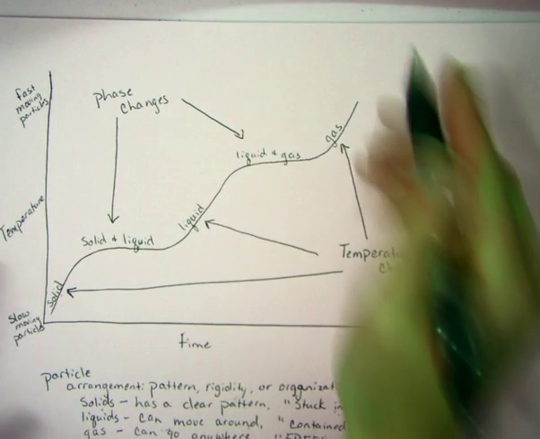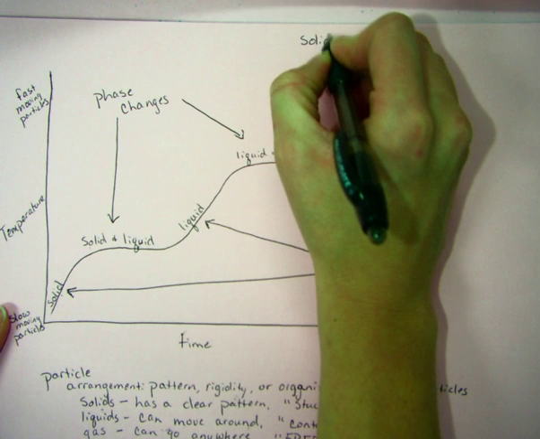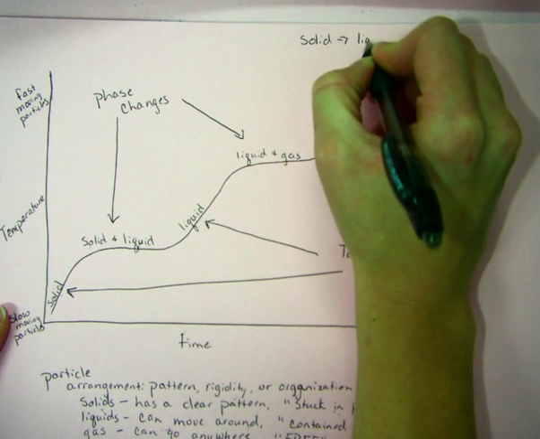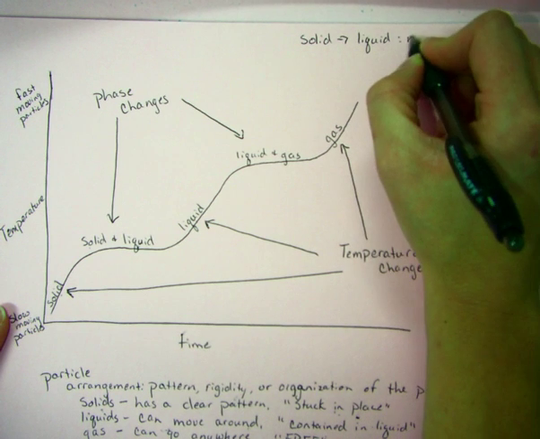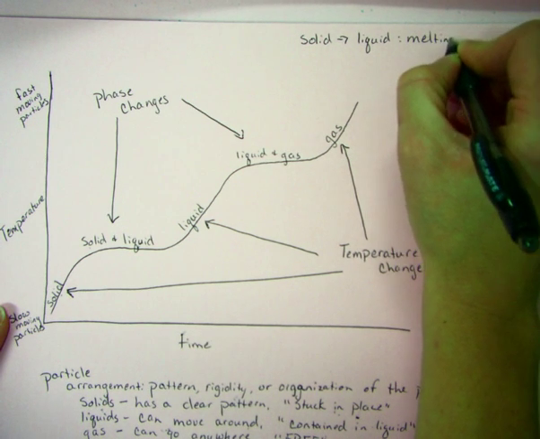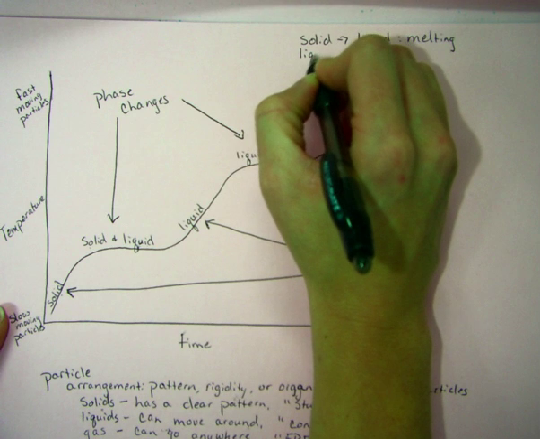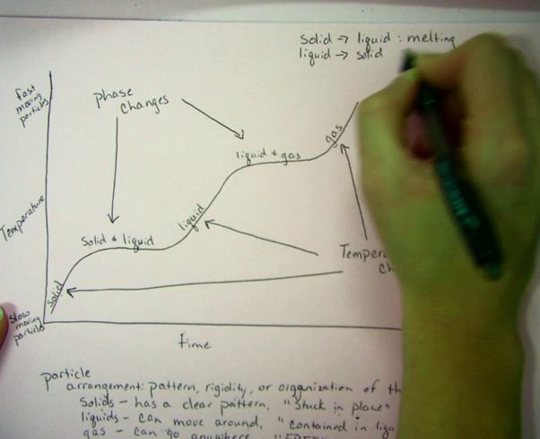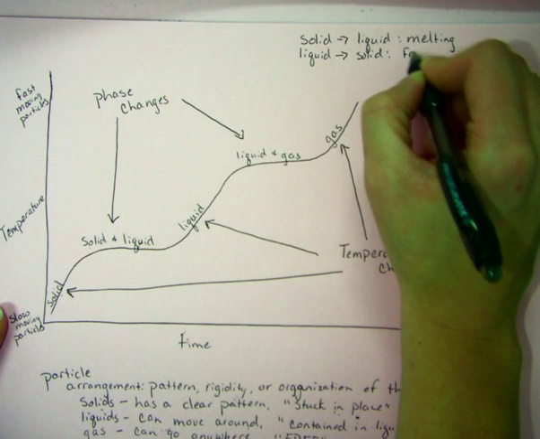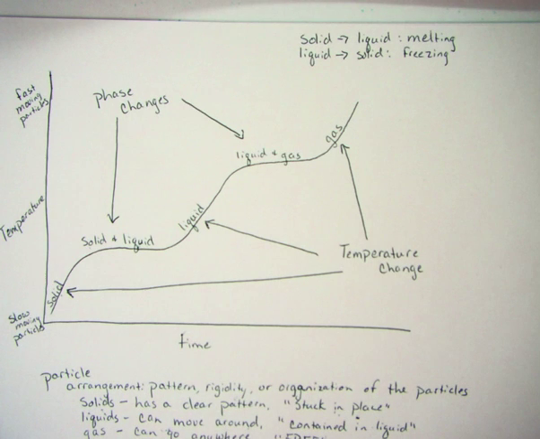So we'll move up here closer to the top, and we say that if we're going from a solid to a liquid, we refer to that as melting. Going from a liquid to a solid, we say freezing.